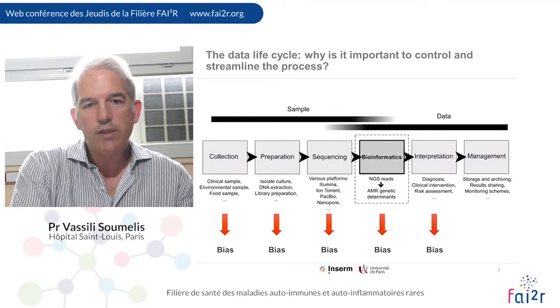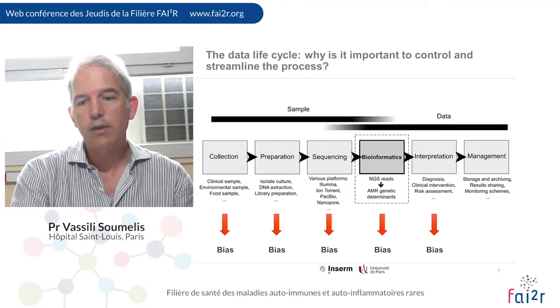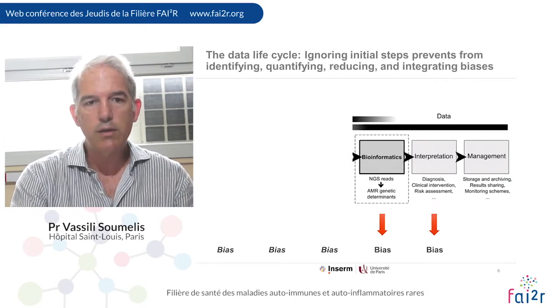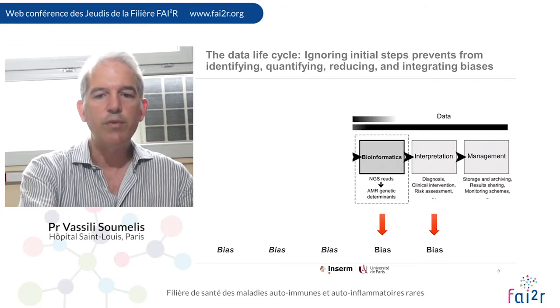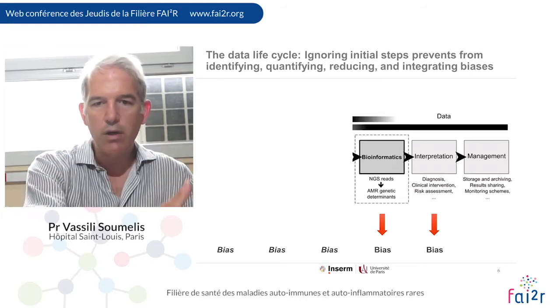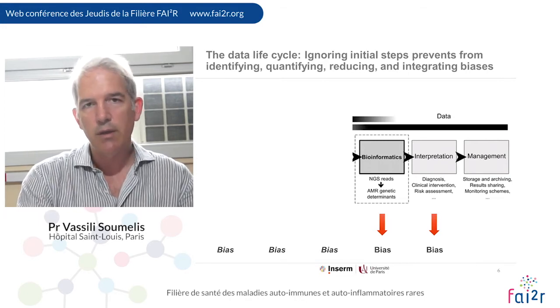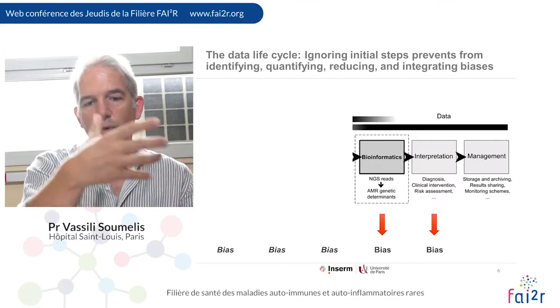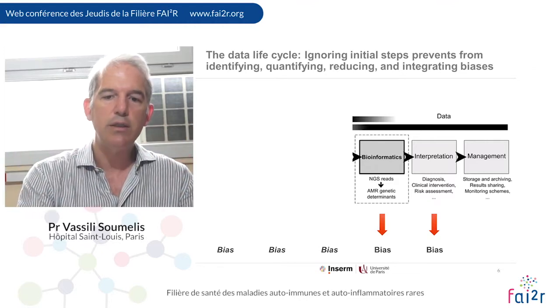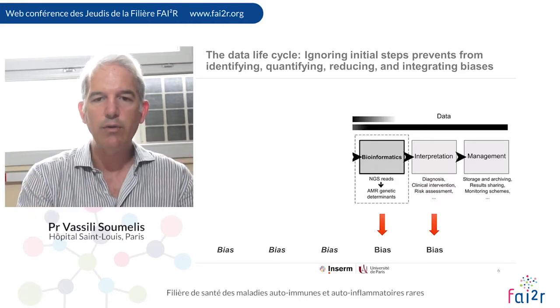So, is it always possible to control all this process? Well, unfortunately not. Sometimes we obtain data without getting information on the initial steps, from patients to samples to technologies and technical parameters having led to the generation of those data.